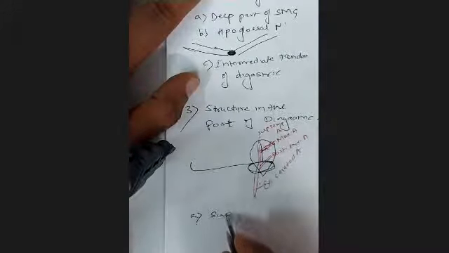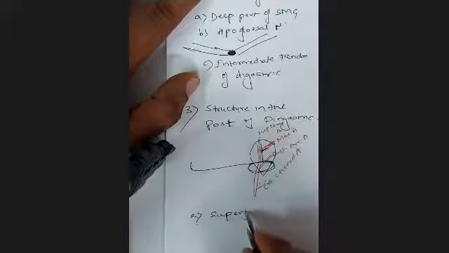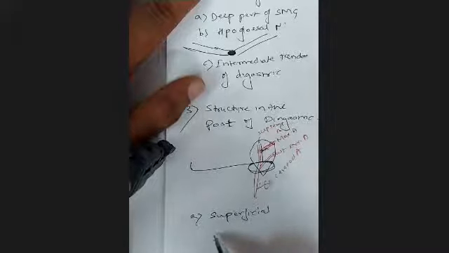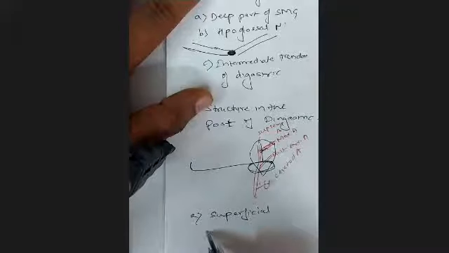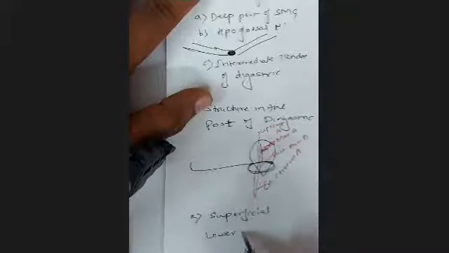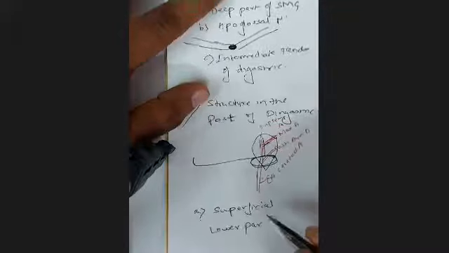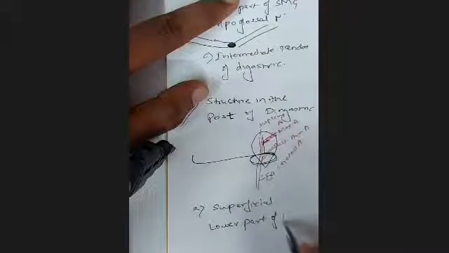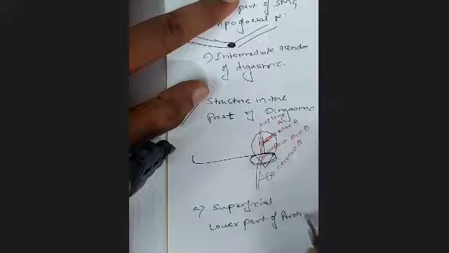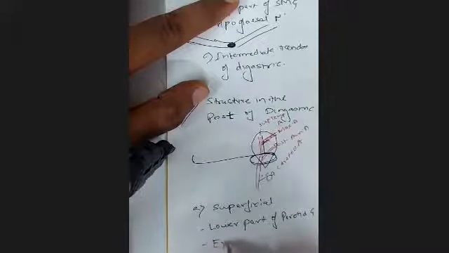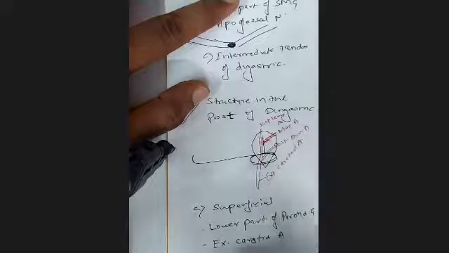One, superficial structures. And the superficial structures, we said, are the lower part of the parotid gland and the external carotid artery entering it.